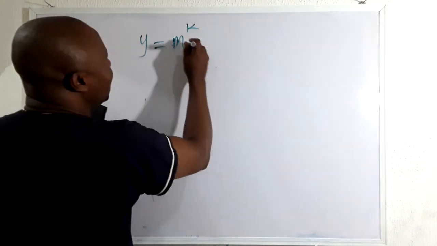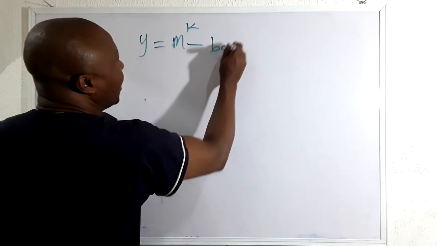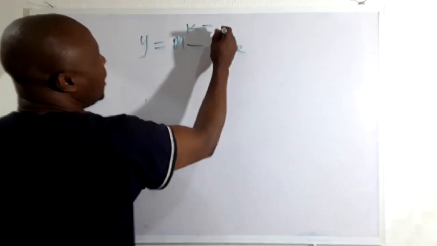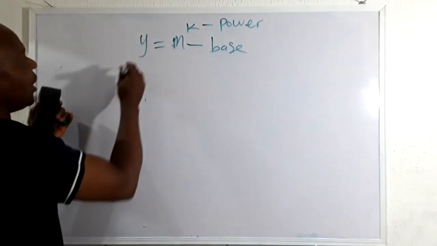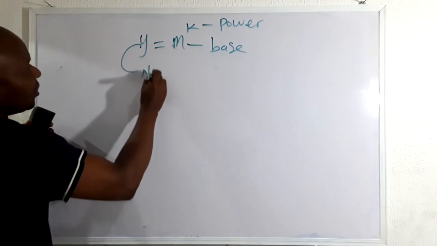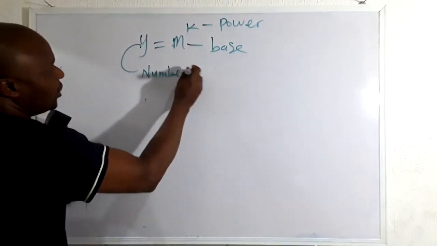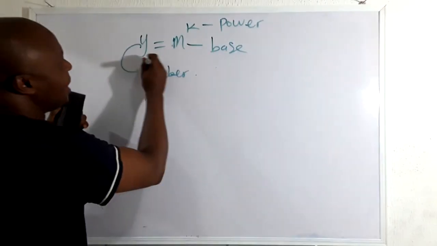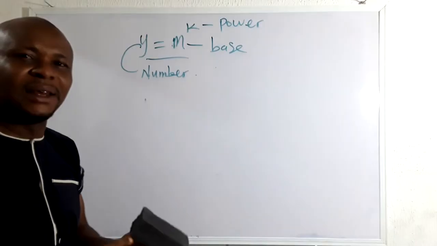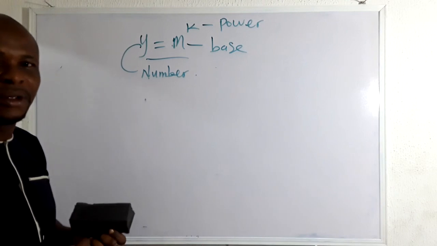Here, m is referred to as the base, k is the power, and y is the number. So this is an example of an indicial equation.